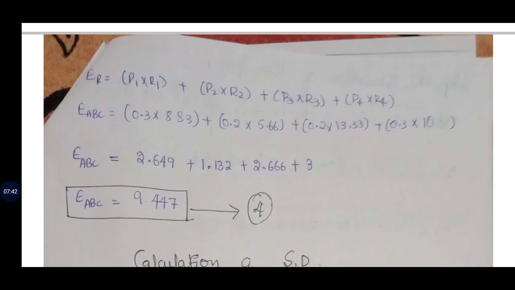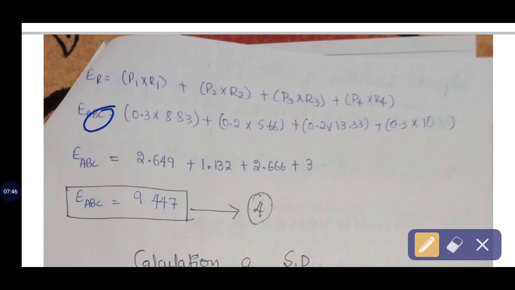Now we have to calculate the expected return for A, B and C combined. P will be the same as usual for all the securities, and in the case of diversification also.